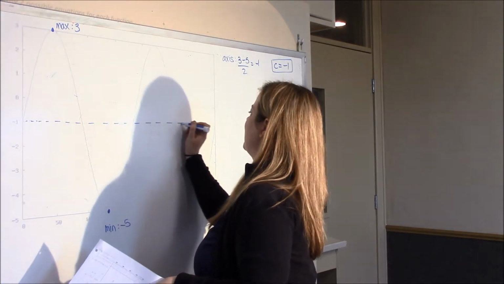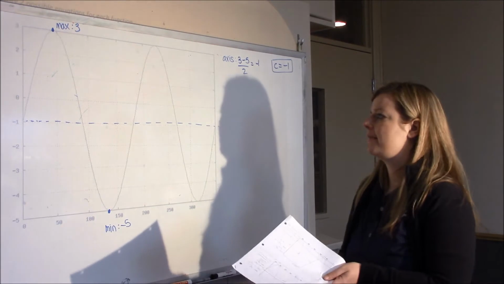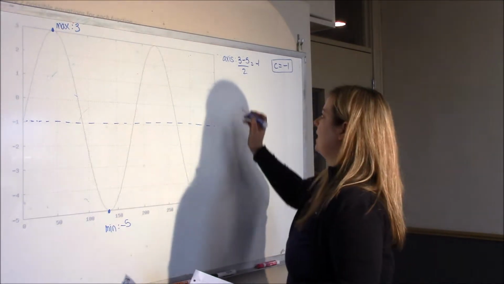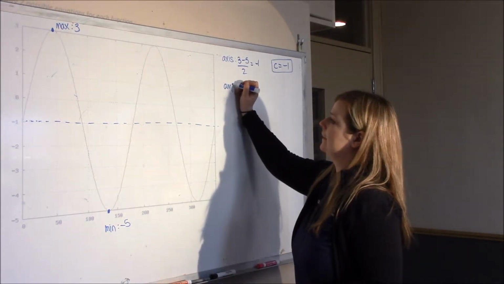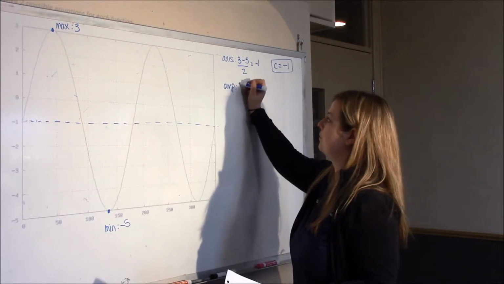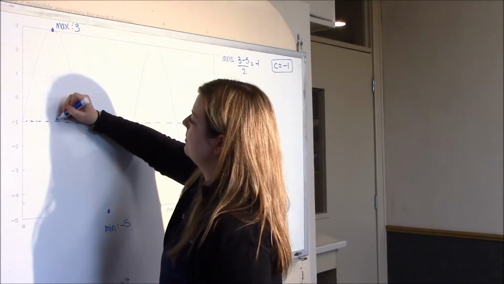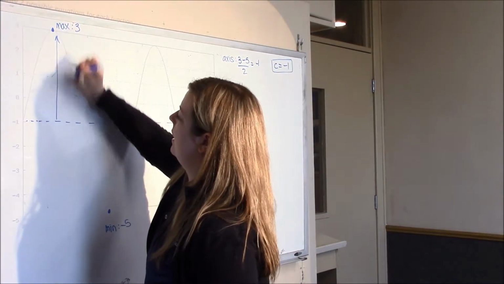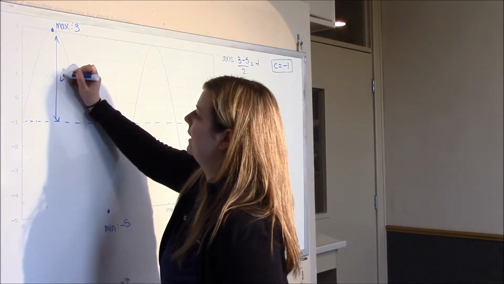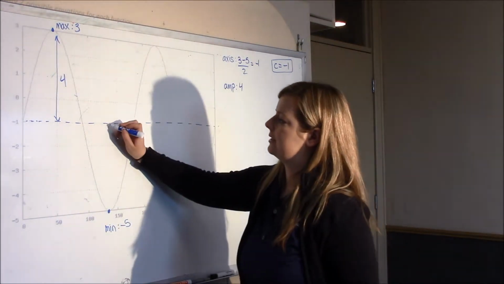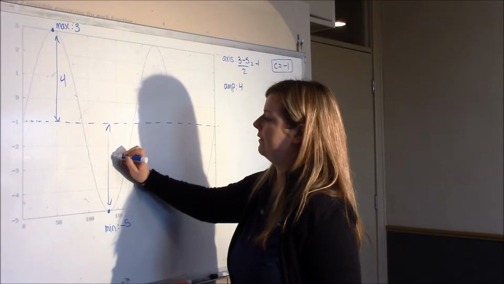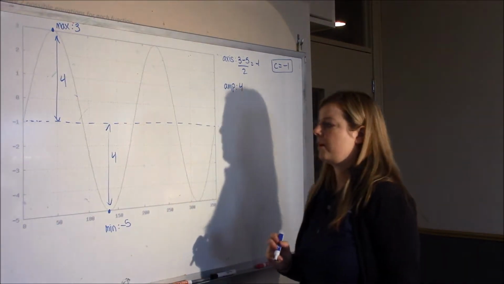Once we have the axis, you can then come up with the amplitude. The amplitude is pretty clear, it's equal to 4, because the distance between -1 and 3 is 4, or the distance between -1 and -5 is 4.